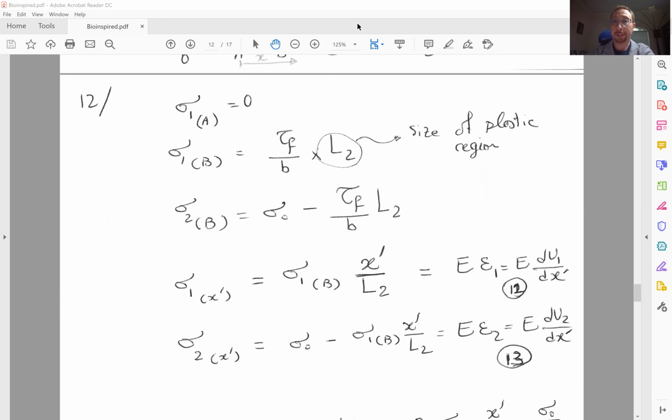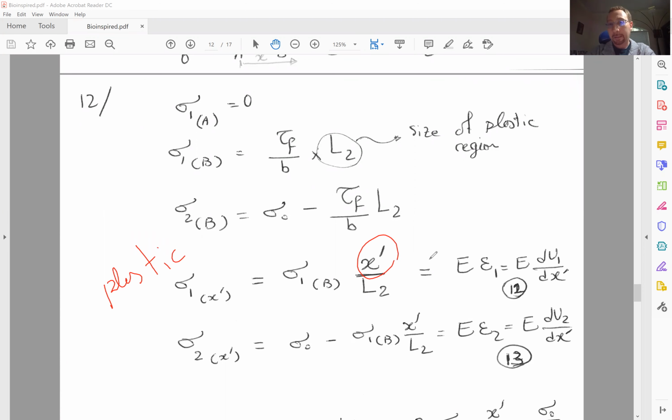This equation is only valid for the plastic region, because in the plastic region, we can expect a linear relationship between sigma 1 and x, or x prime.